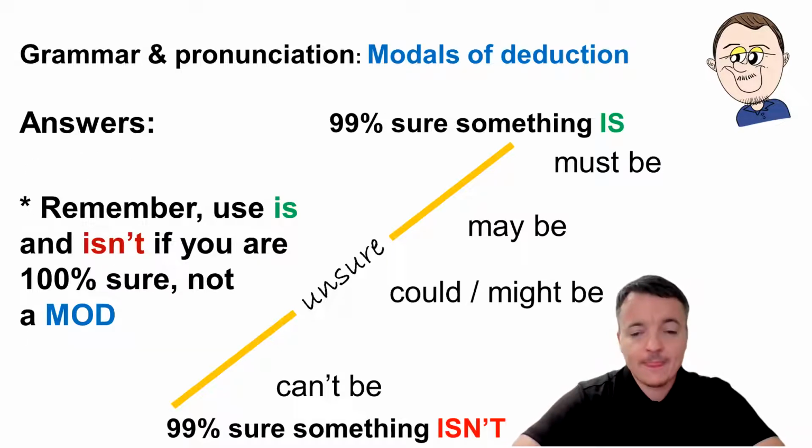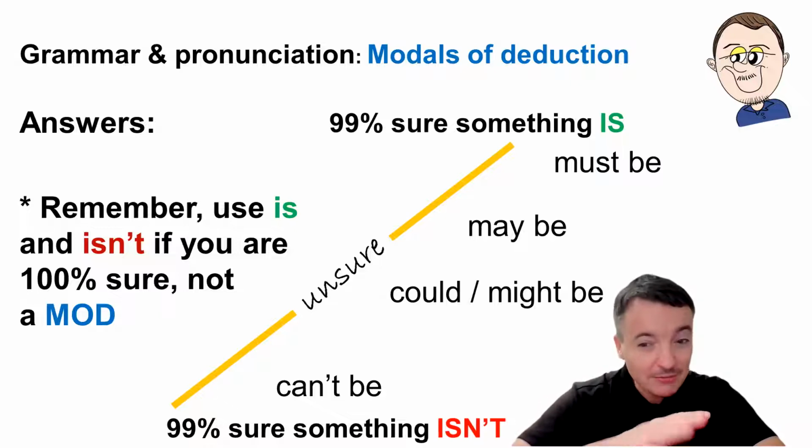Okay, just before we check, remember, use is and isn't if you are 100% sure, not must, may, could, can't. If you know the answer 100%, then is or isn't. If we are unsure, then we use a modal of deduction. Okay, at the top, you're 99% sure something is.